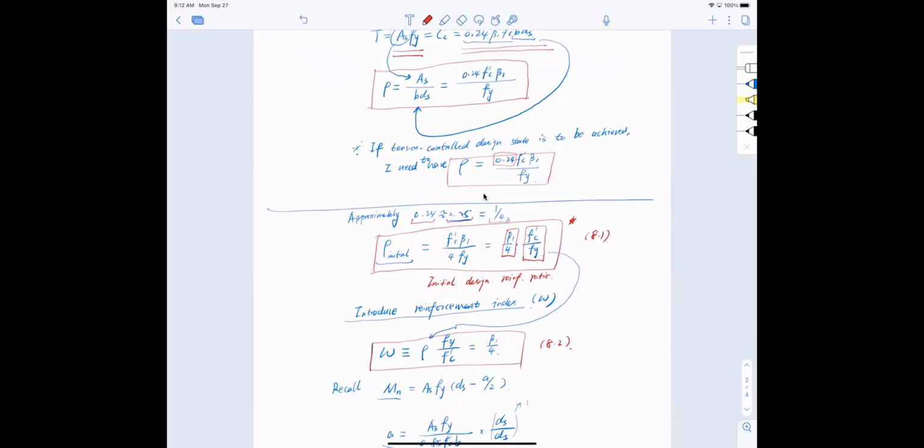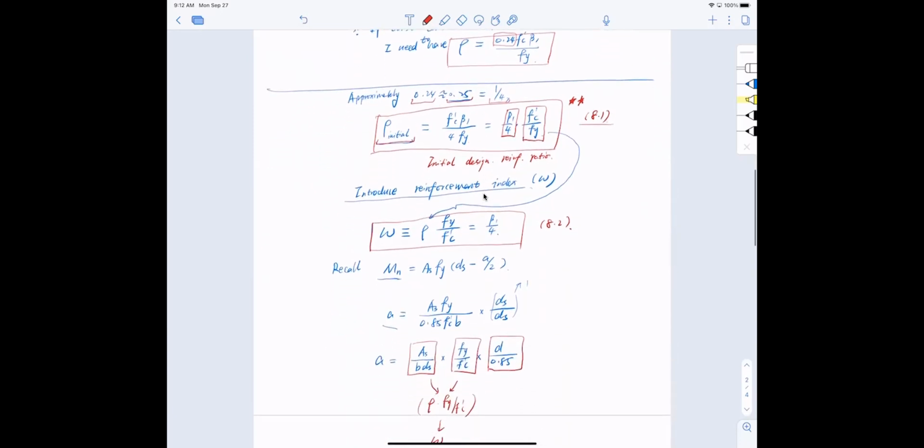Here it is, rho initial, and this is again very important: the initial estimate of the reinforcement ratio in the section, beta1 over 4 times f'c divided by fy. This equation should and will appear in your crib sheet because you need it.